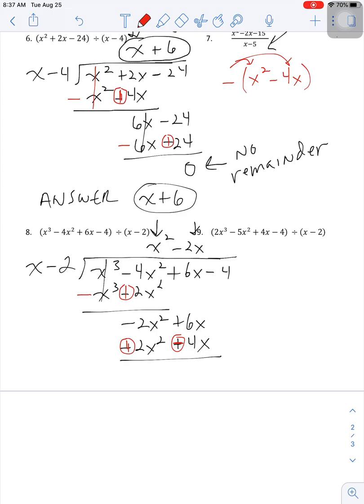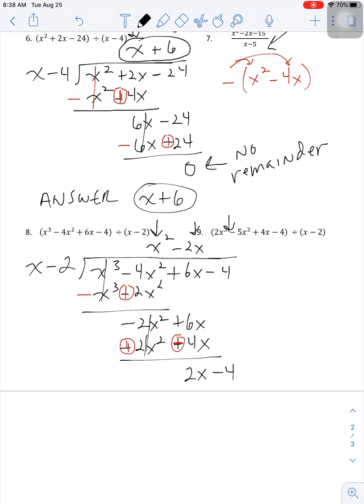One little calculation mistake could be enough to throw this entire process off. So negative 2x squared plus 2x squared is going to drop, which we want. And then 6x minus 4x is going to give me a 2x, and then we bring down the negative 4.